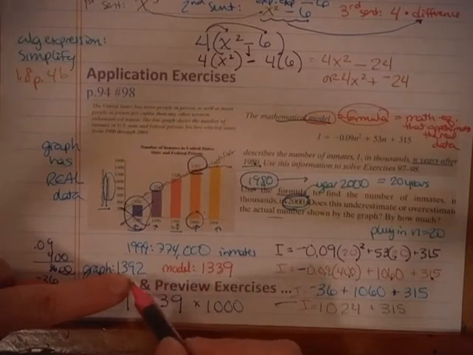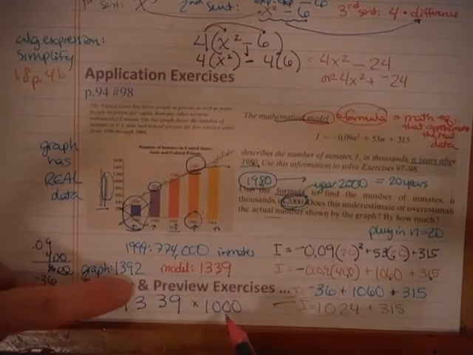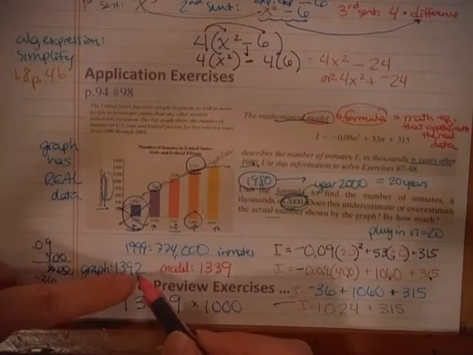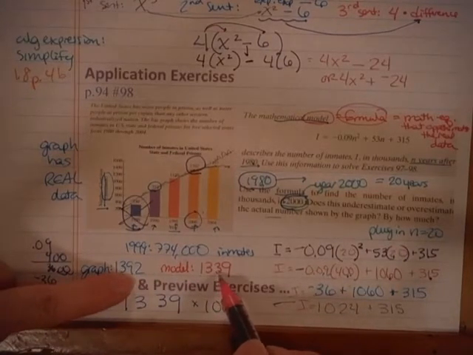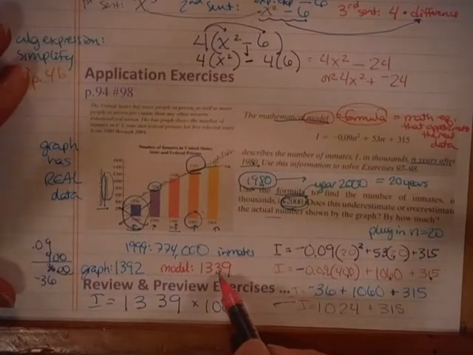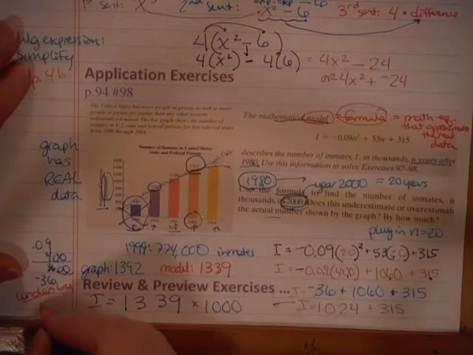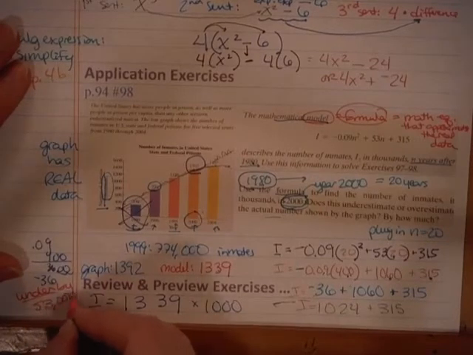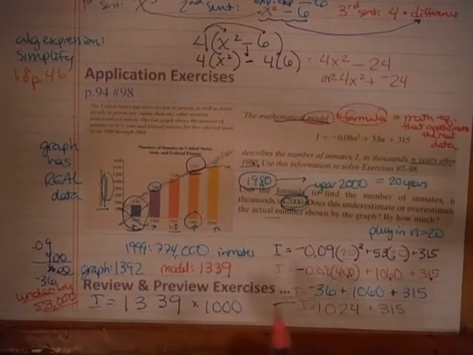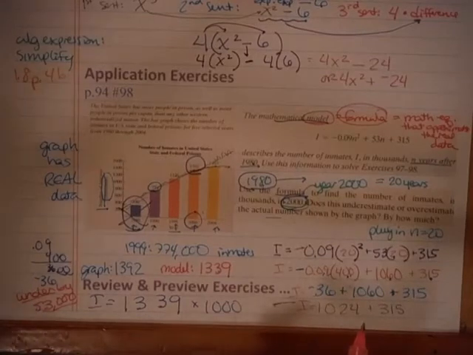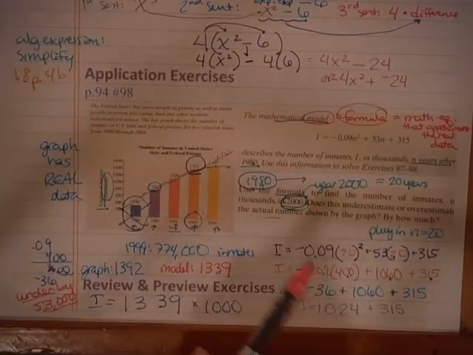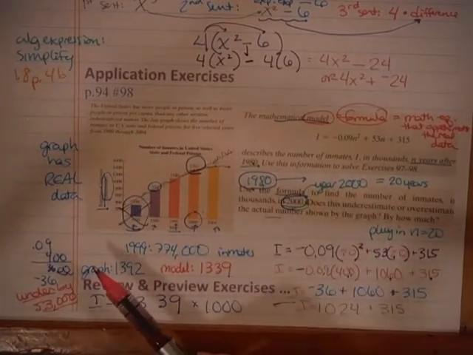The model underestimates it, but when you remember that these are in thousands, this underestimates it by 53,000. So it underestimates by 53,000 inmates. That seems like quite a bit of an underestimate, but depends on what they were doing the data for too.